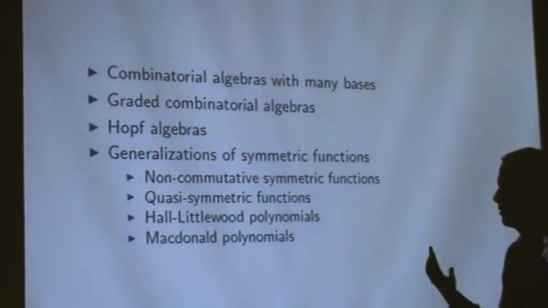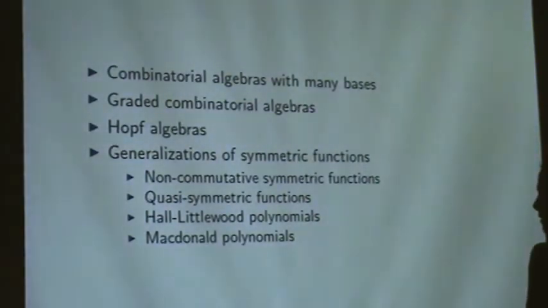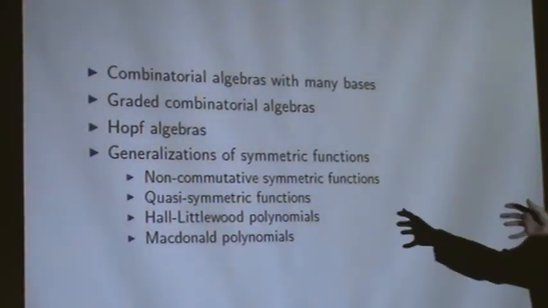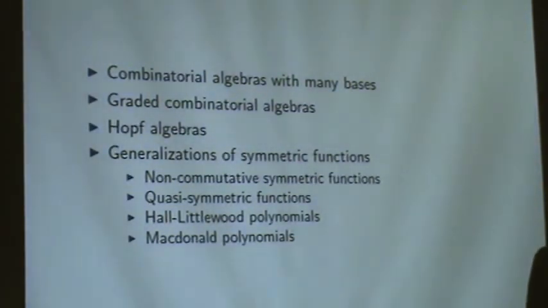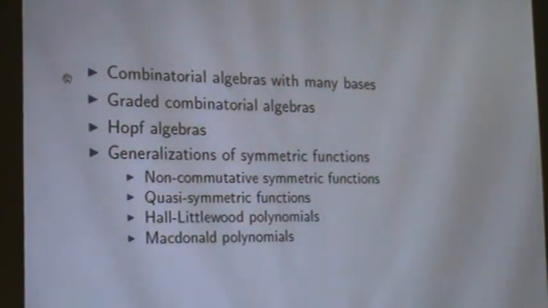So you need to do a lot of linear algebra over fraction fields of multivariable polynomial rings in order to compute what these things actually are. And that's about it. Does anyone have any questions?